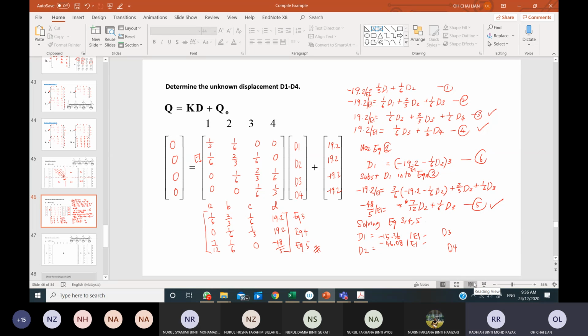Yes. How about D2? Maybe we start with D2, negative 23.04.